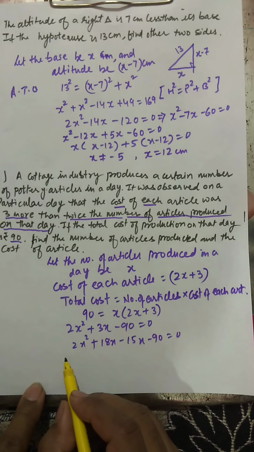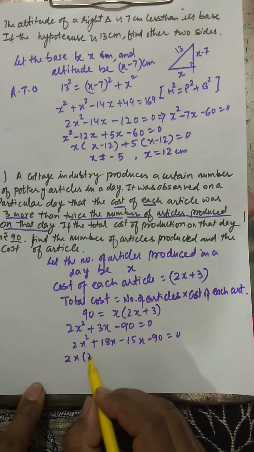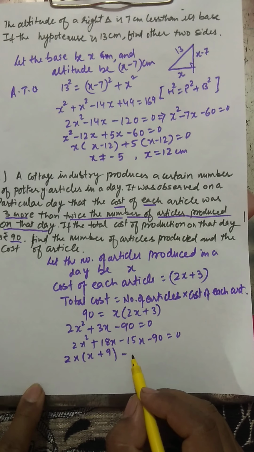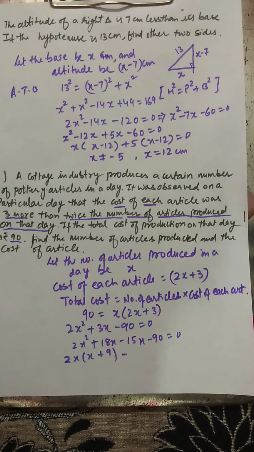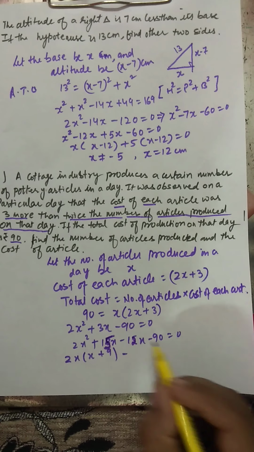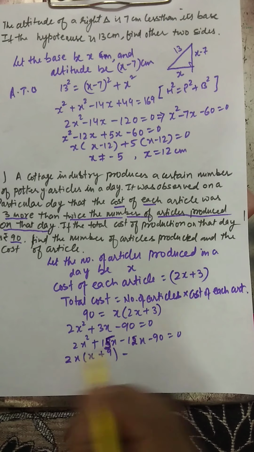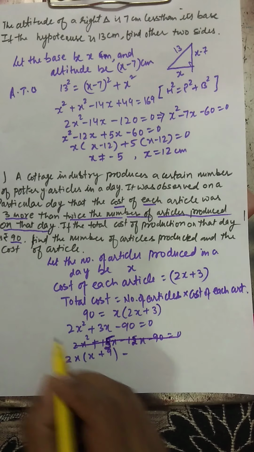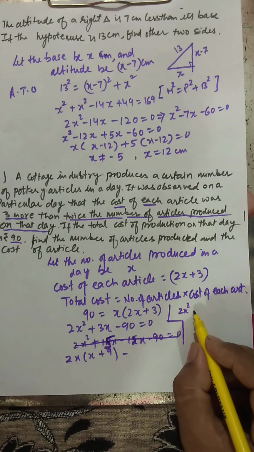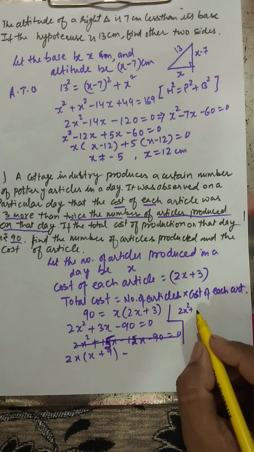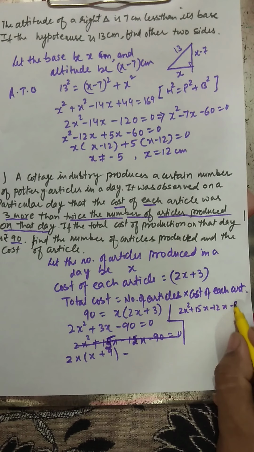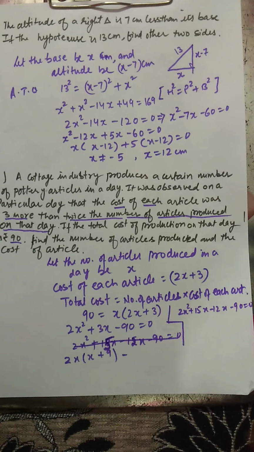So you take common, this will become 2x common. So x plus 9. From here you take 15. So this has to be 15 and this has to be 12. So I'm writing this statement here again so that you can see it very clearly. This is 2x square plus 15x minus 12x minus 90 is equal to 0.